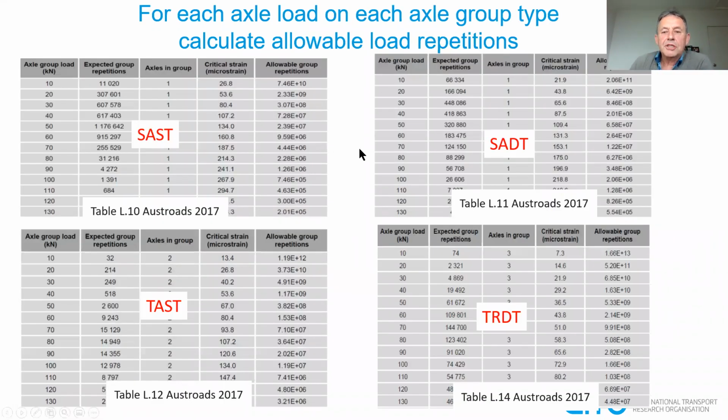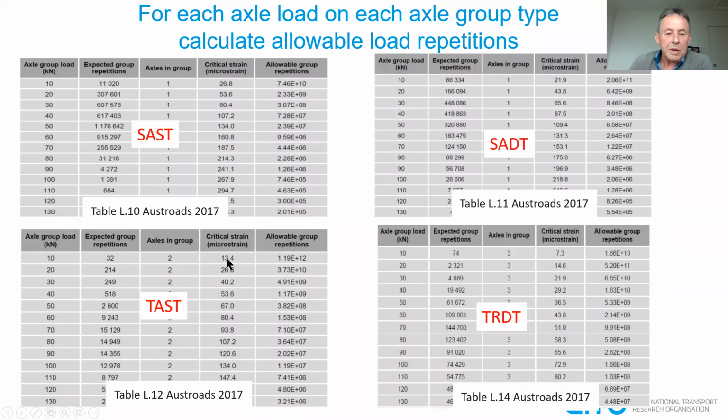So we do that same process for all axle group types. You can see here, all we need for this process is just those same two calculated strains that we talked about earlier. A 50 kilonewton single axle, single tyre strain, from which we can calculate the strains under all sorts of single axles and single tyres.